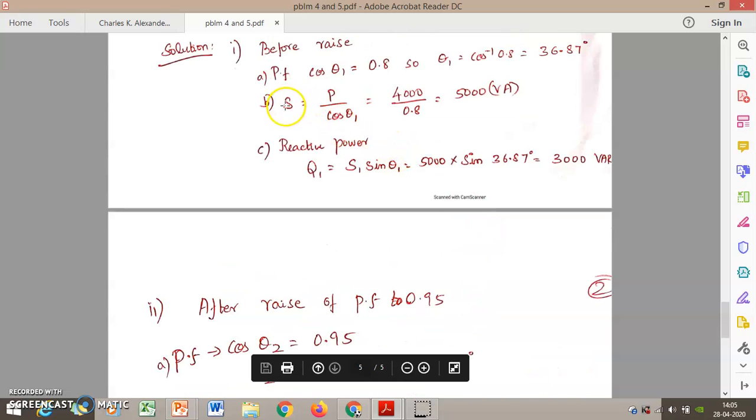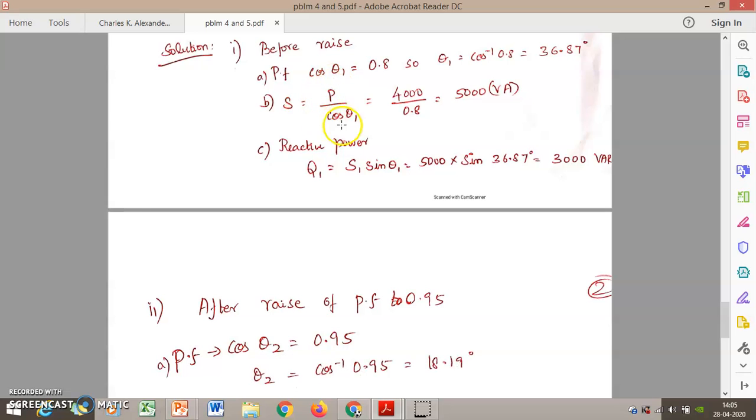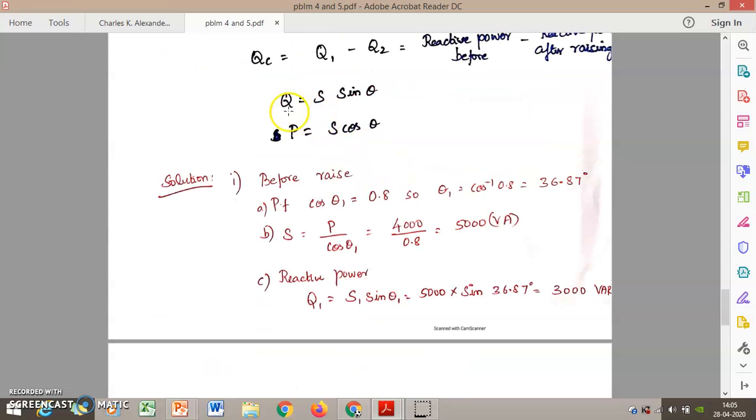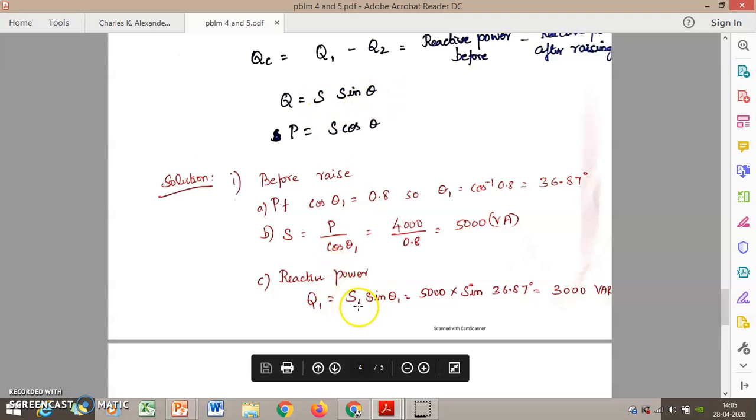Now substitute in S. S equal to P divided by cos theta 1, which is equal to 4000 divided by 0.8, which is equal to 5000 VA. What is reactive power? Reactive power Q1 equal to S1 into sin theta 1. Now we know S1 is 5000, theta 1 we know is 36.87, substitute and find Q1.